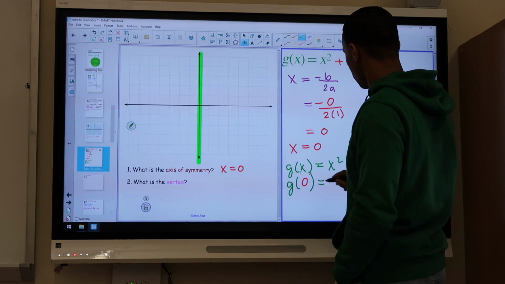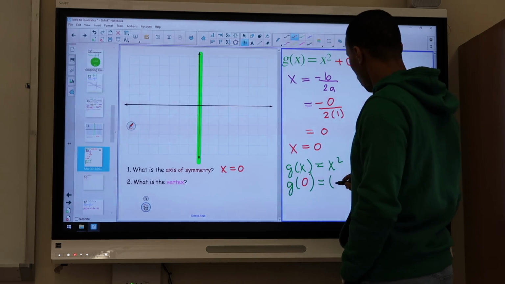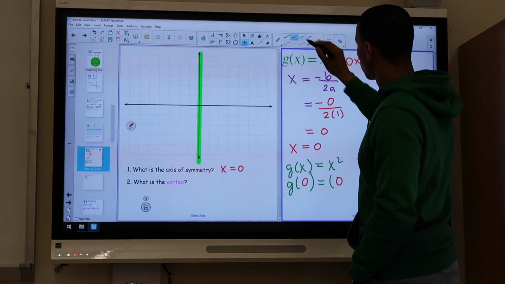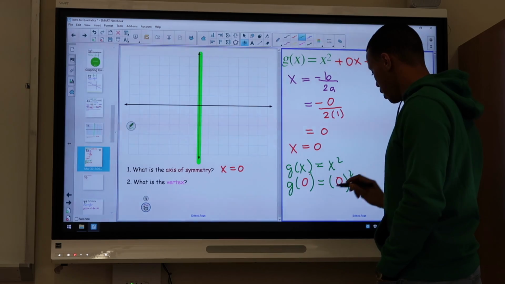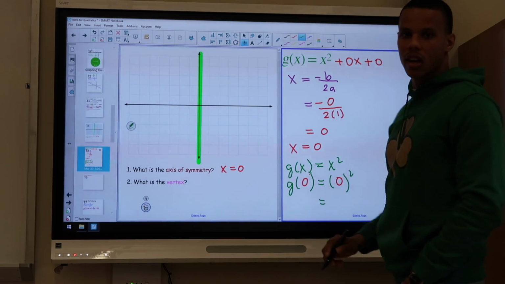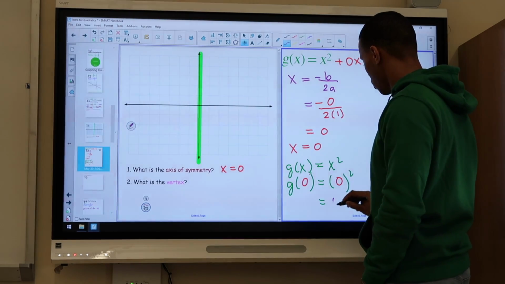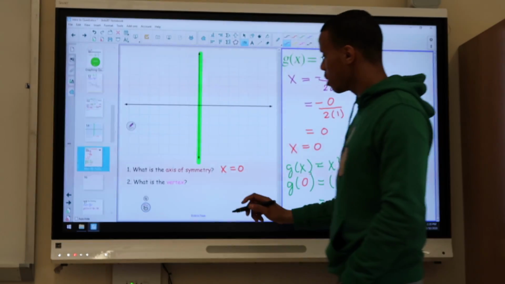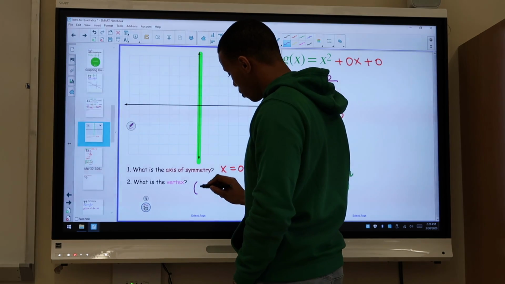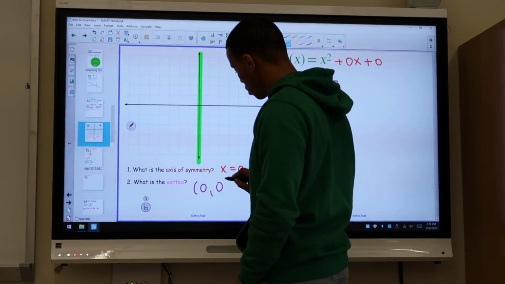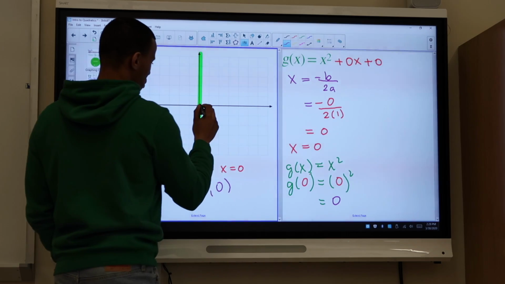So now I have 0 squared, which is 0 to the second power, and that's just going to be 0. So now I have that my vertex is going to be 0, 0. So it'll be this point up here.